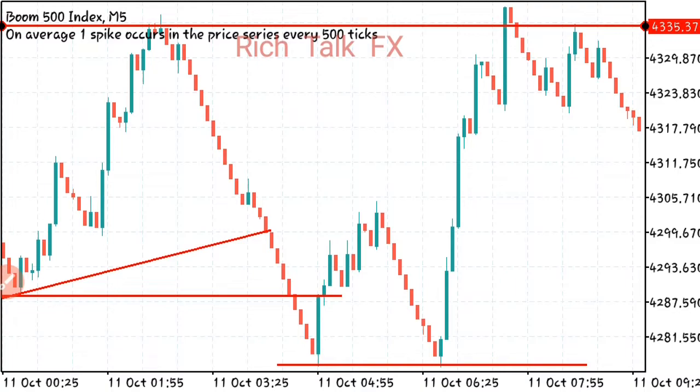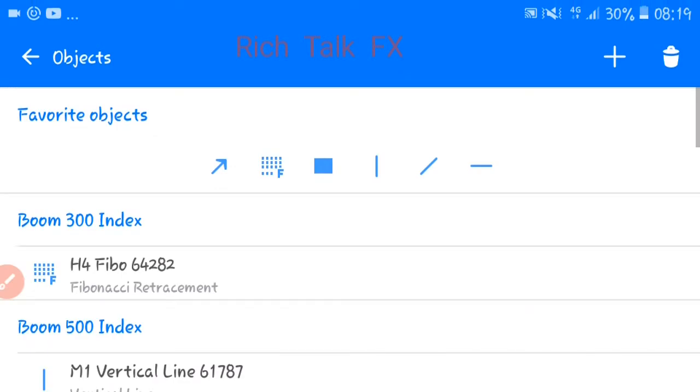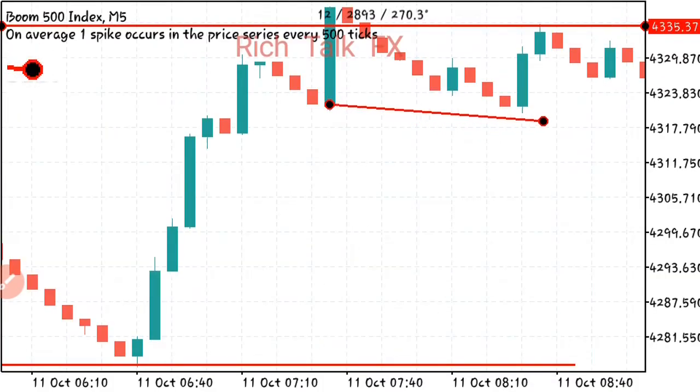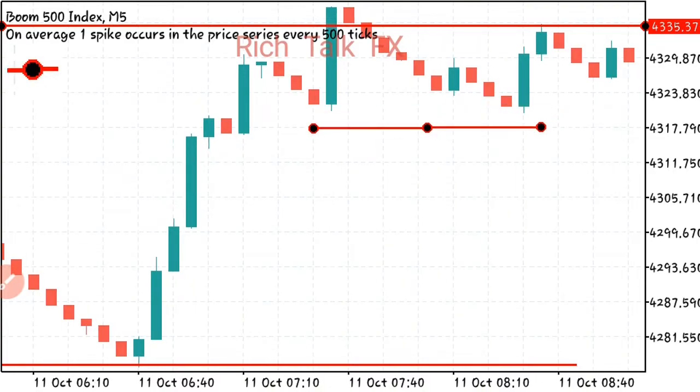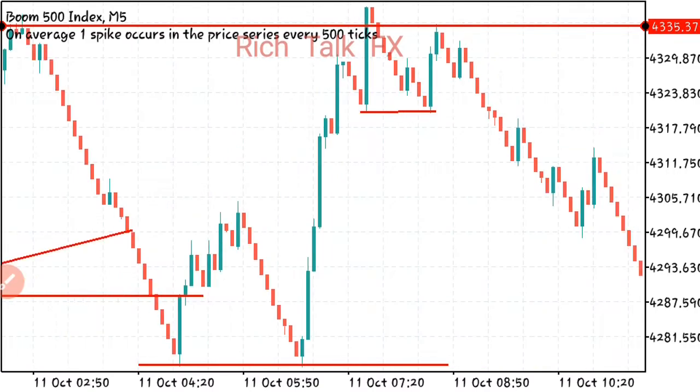What does it do again? It creates some sort of liquidity there. So whenever you see equal lows or equal highs, price is coming back to that position to take them out, because there is money resting there.